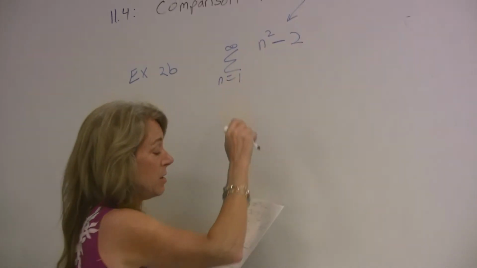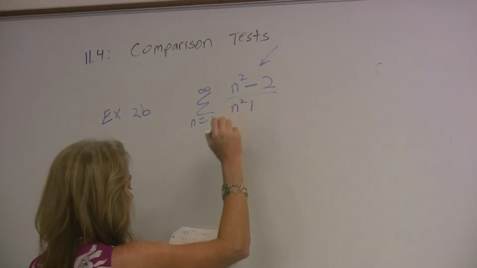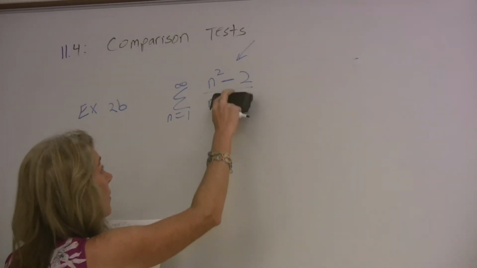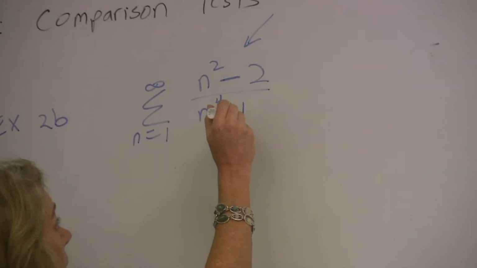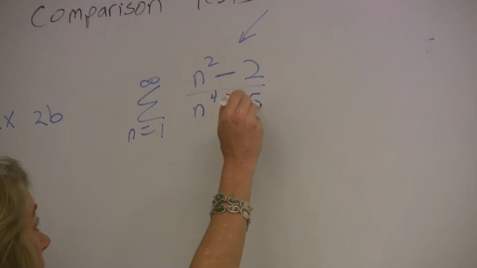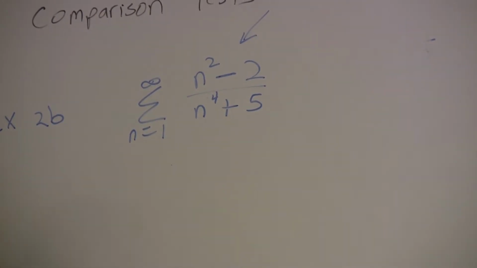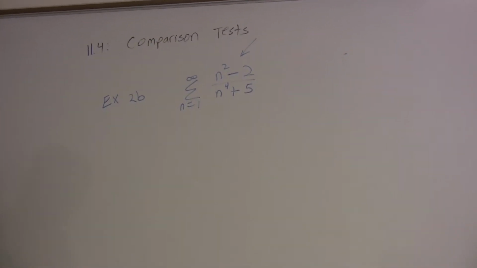Right there, that minus, you guys see that? Change that, otherwise it's a little bit trickier. n to the 4th plus 5. Everyone got the correction, minus 2?